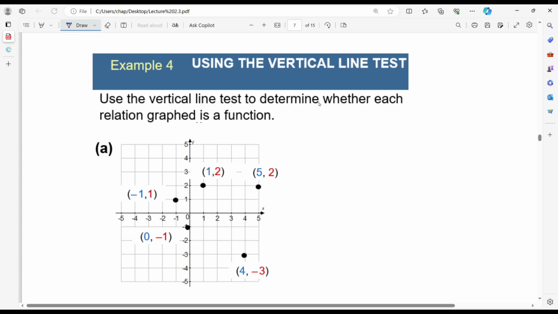If I look at example 4, and I draw vertical lines at every point on the graph, you will see that it only intersects once. Since it only intersects once at every single point, this is automatically a function.